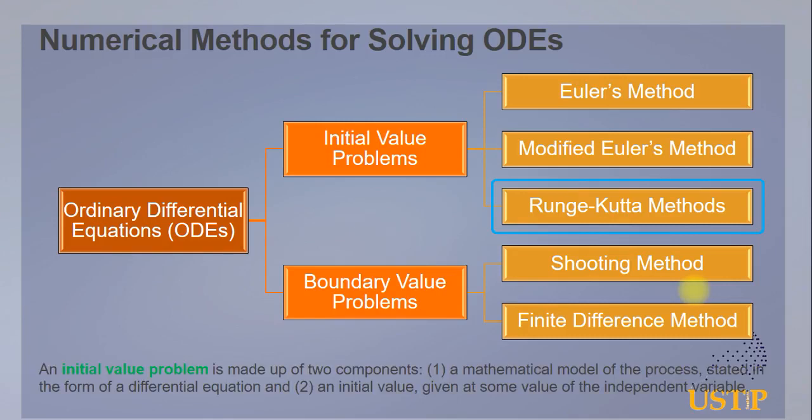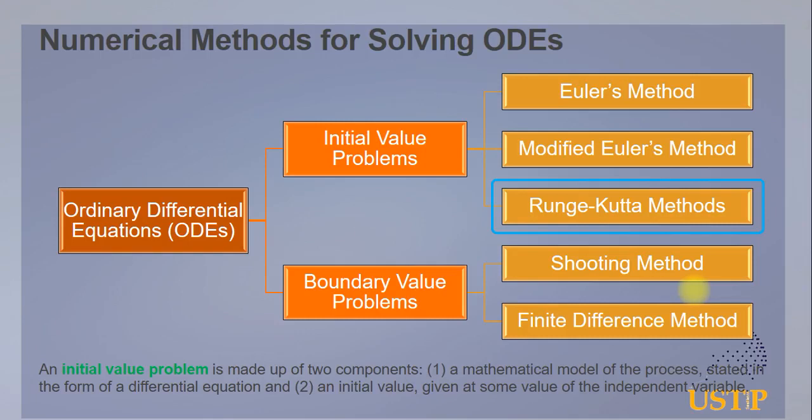So the initial value problem is made up of two components. We have the mathematical model of the process stated in the form of a differential equation, and then we have the initial value given at the value of the independent variable.